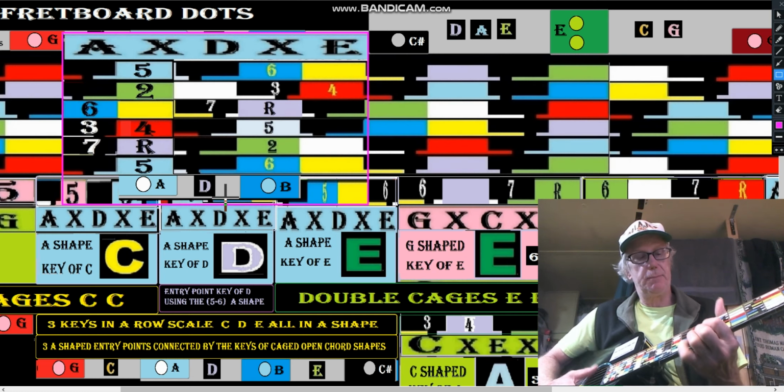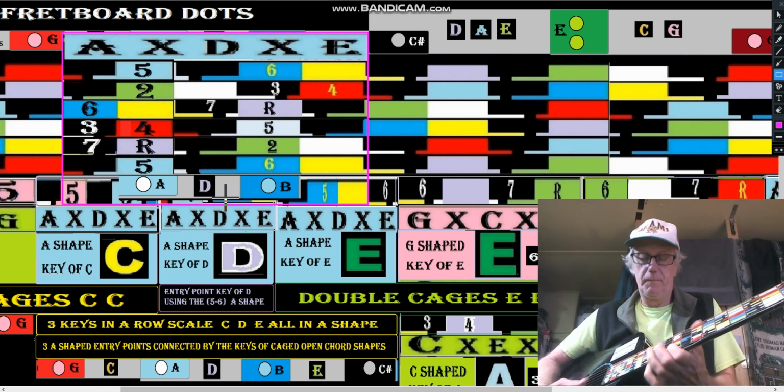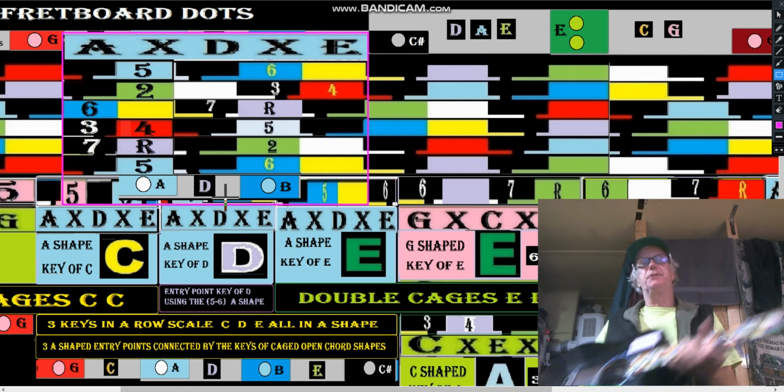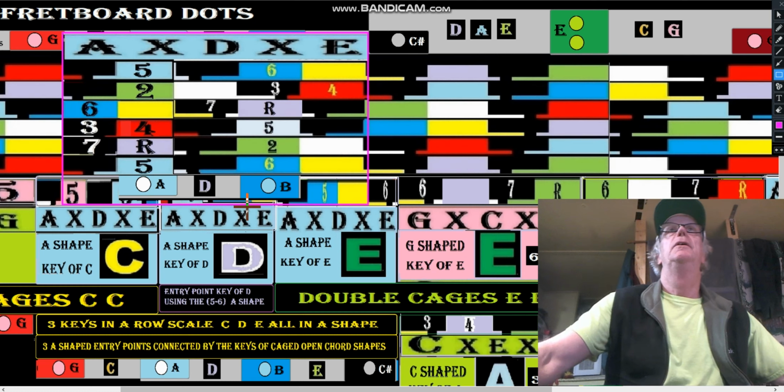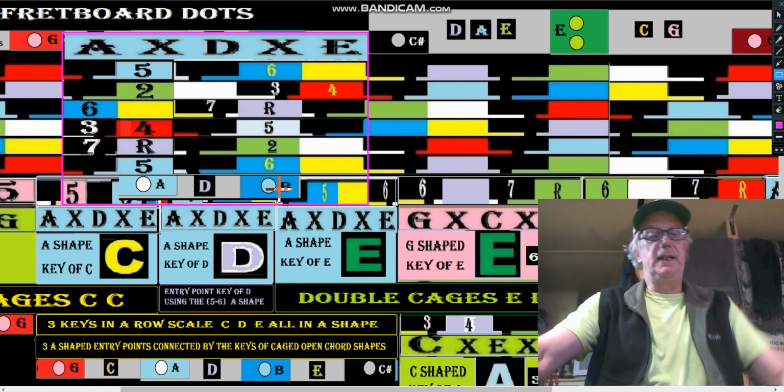There's your D-shaped D, and then we also have our A-shaped D up here. So it's an entry point between the A dot and the B dot for the key of D.